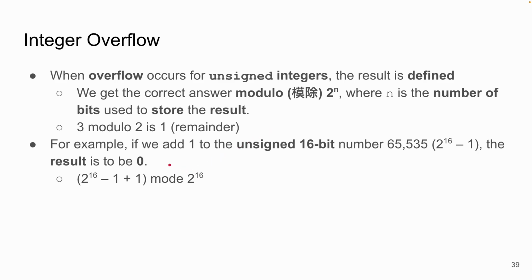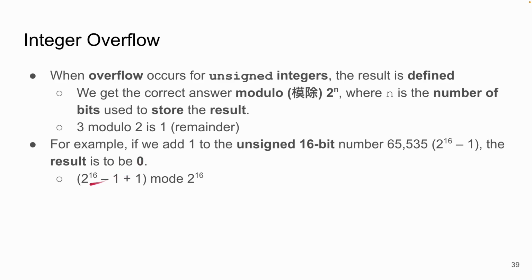Let's check out the example here. If we add 1 to an unsigned 16-bit integer variable, and this variable holds the maximum number it can store, and we add 1 to it, then if we print out the value stored inside the variable after the addition, the value will be 0.